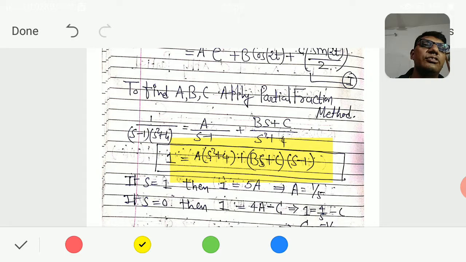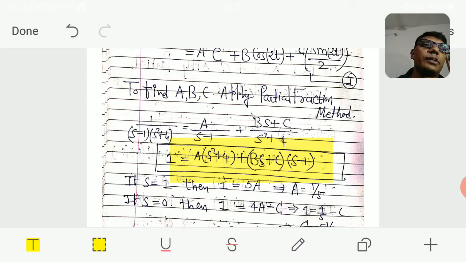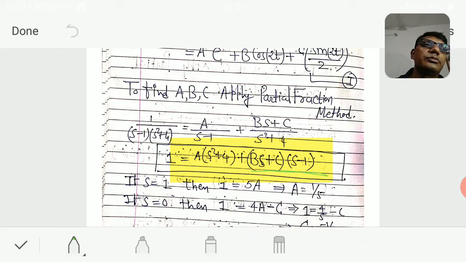We put s equal to 1, then this term will be 0, and the remaining term is a into something. When we put s equal to 1, the left side will be 1 and the right side is 5a, therefore a equal to 1 by 5.